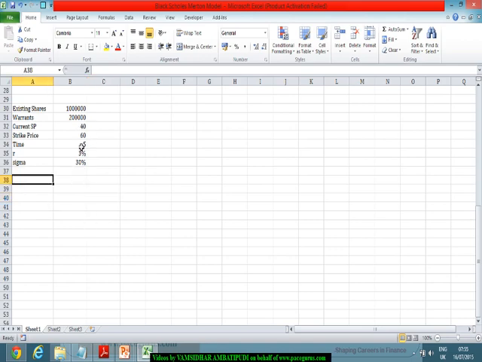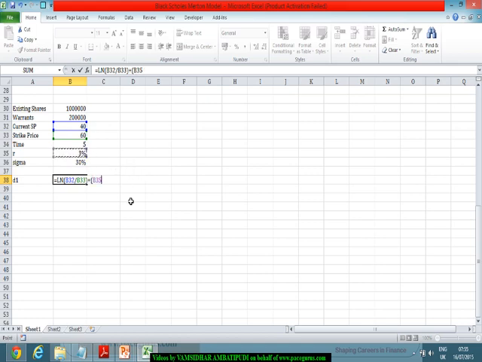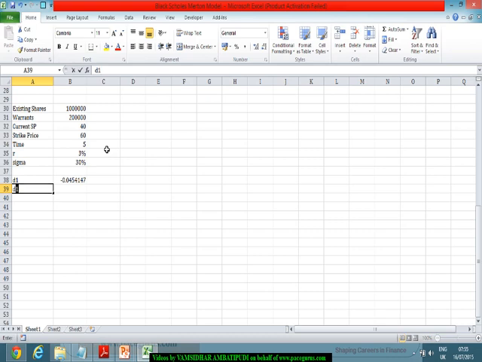So from here, based on these numbers, I can first find out D1, which comes out as log of S naught by X plus R plus sigma squared by 2 times T, this entire thing divided by sigma root T. Sigma is this one into square root of T. So this gives me the D1.